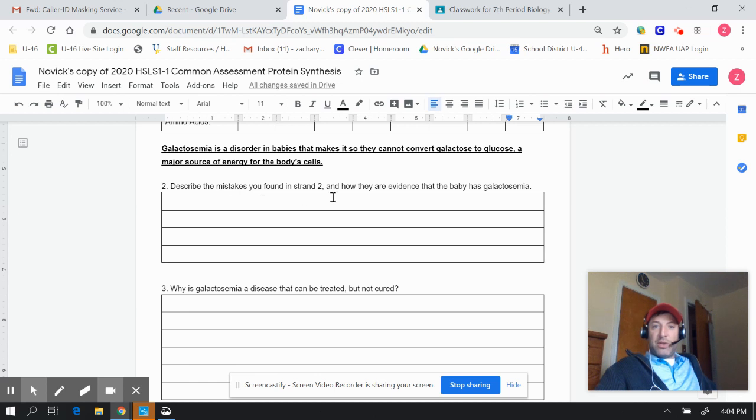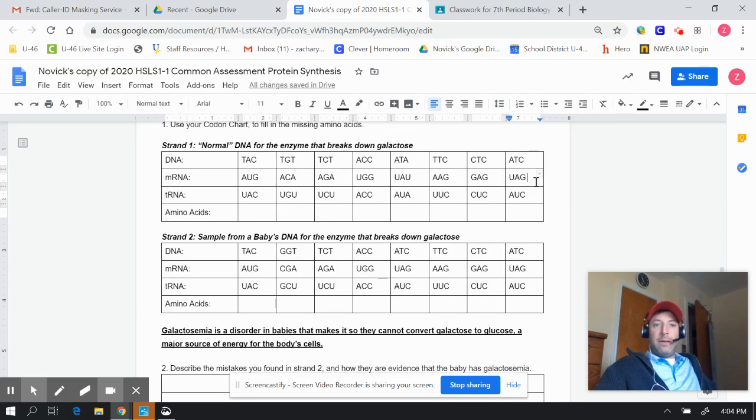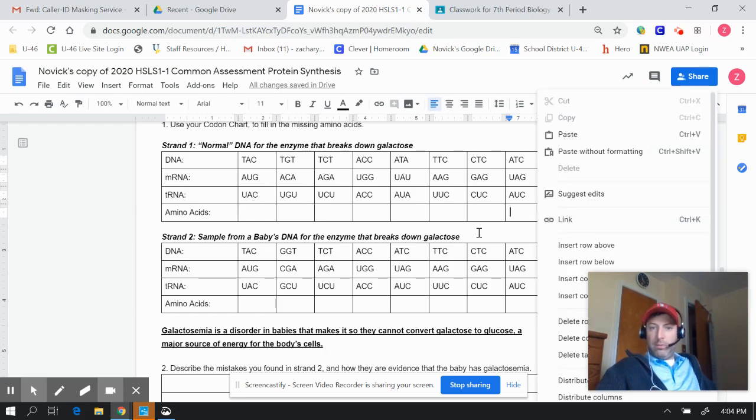Describe the mistakes you found in strand 2 and how they are evidence that the baby has galactosemia. So in strand 1, normal DNA for the enzyme that breaks down galactose. In strand 2, a sample from a baby's DNA for the enzyme that breaks down galactose. You'll probably notice an error as you fill this in. That is, something here is going to be different than here. Make sure you're using your codon wheel.